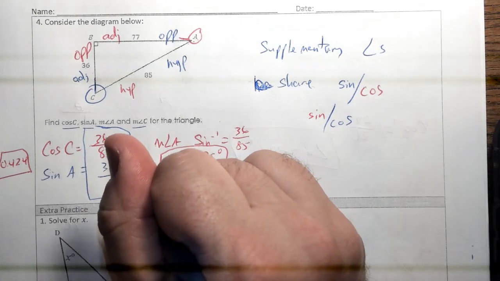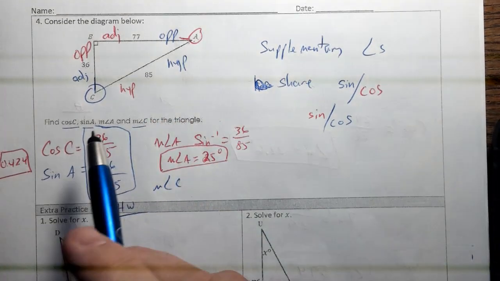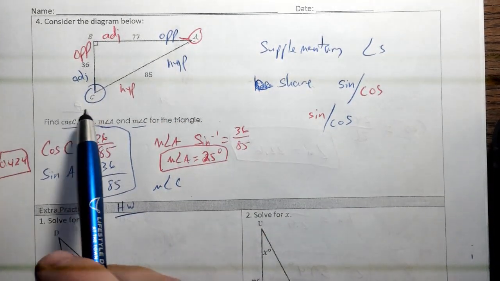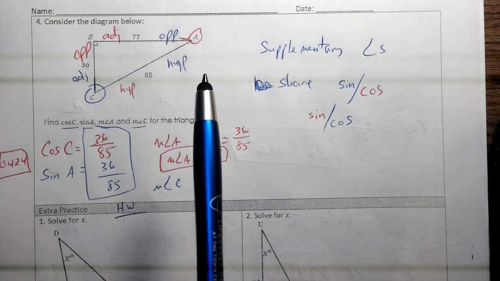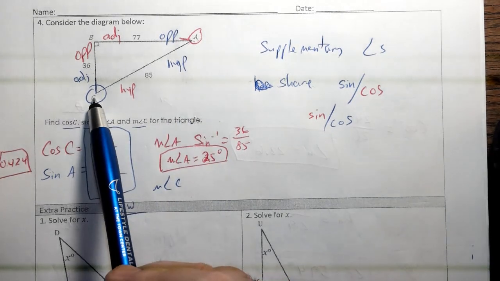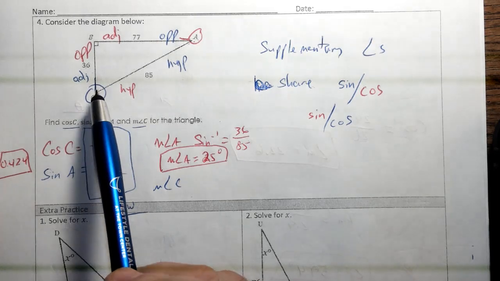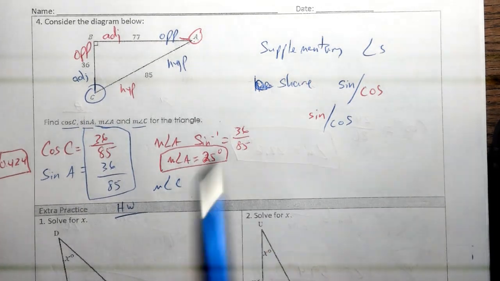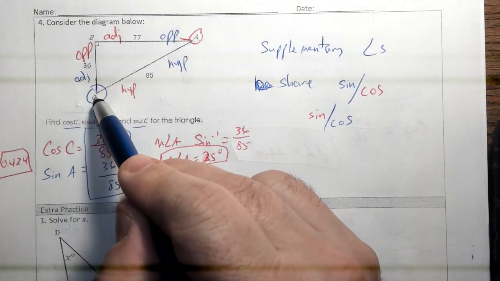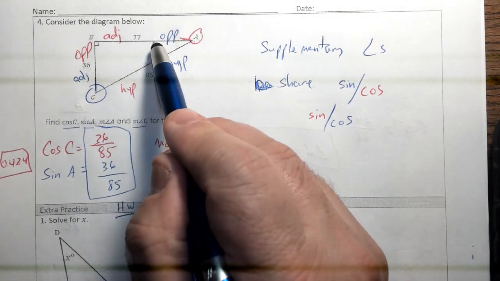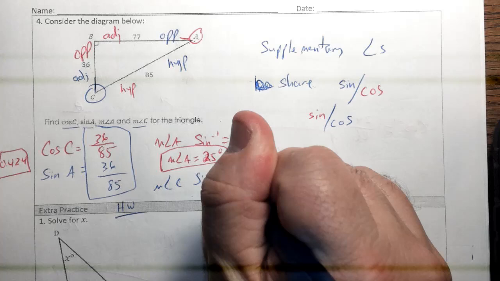All right, so measure of angle C. We can use any of these. Let's see. So if we use the sine for C, we'll just use sine just because we did it. We can use any of them, but we're going to use sine. So C, its opposite is up here, 77.